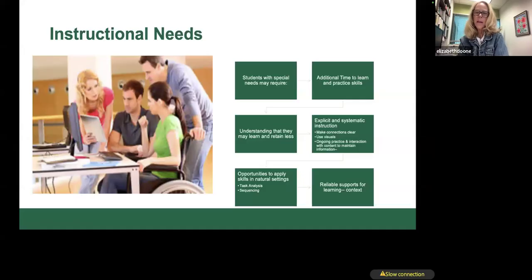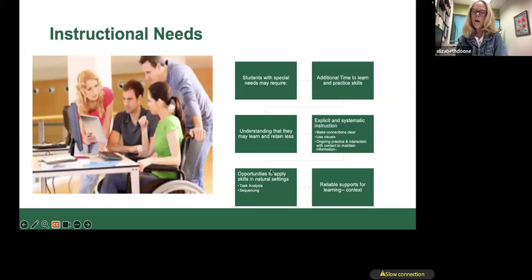As teachers, we might need to understand that they may learn less or retain less. I've seen lots of teachers who say, gosh, they had it yesterday and today they don't have it. That distributive practice, practice over and over time, is needed for our students with intellectual disabilities whose IQ may be a little lower or who did not have the same opportunities at home.